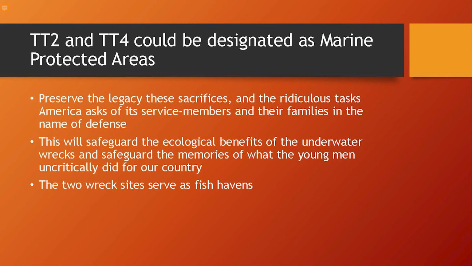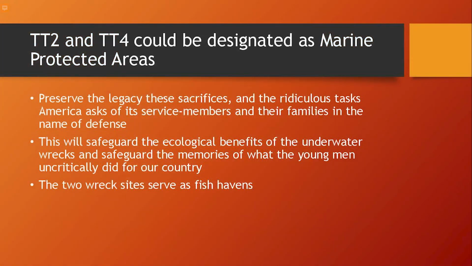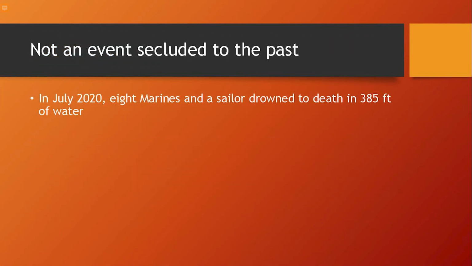The wreck sites of TT2 and TT4 could be designated as marine protected areas based on the legacy of the sacrifices and the ecological benefits the underwater wrecks still provide. This is not an event secluded to the past. The July 2020 sinking of a 26-ton amphibious assault vehicle in 385 feet of water caused 8 Marines and a sailor to drown.